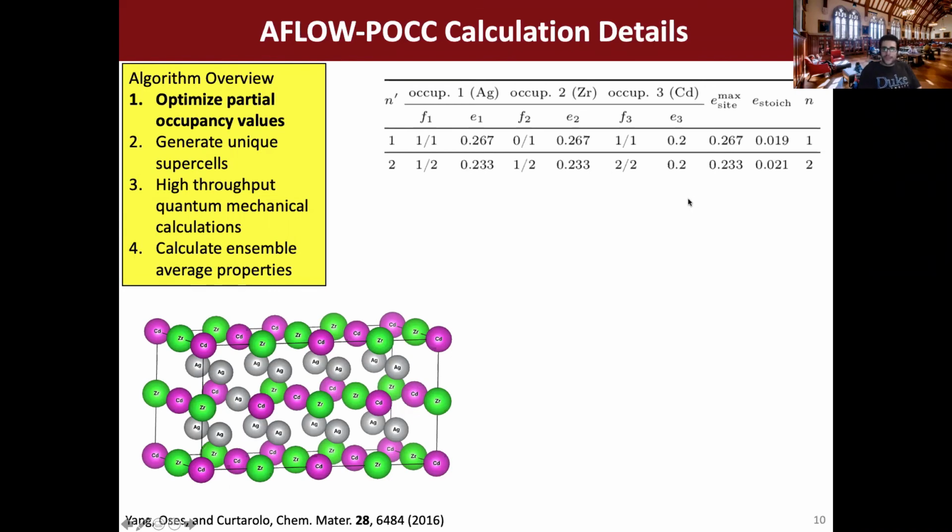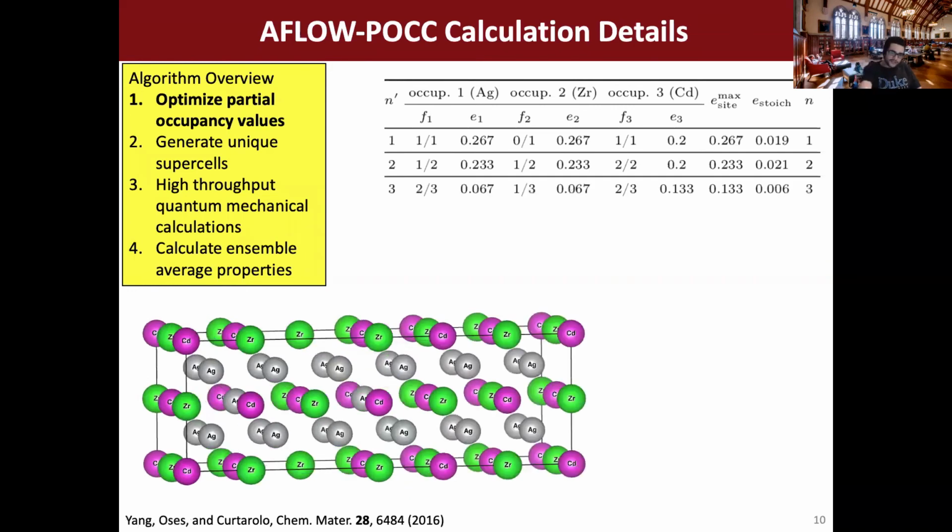You can do the same thing for the cadmium. The point is that you see the error is starting to drop off as we increase the supercell size, so now we can start to accommodate more types of occupants. We can increase to a supercell size of 3, do the same analysis, and you see here the trend is that the error is dropping.